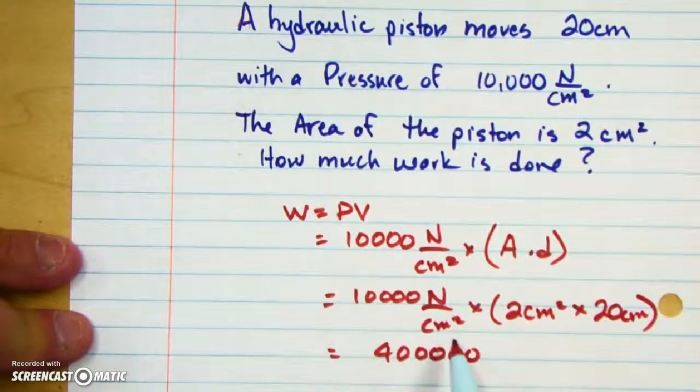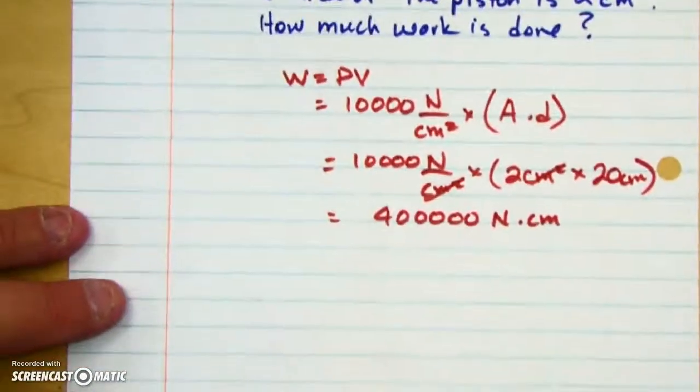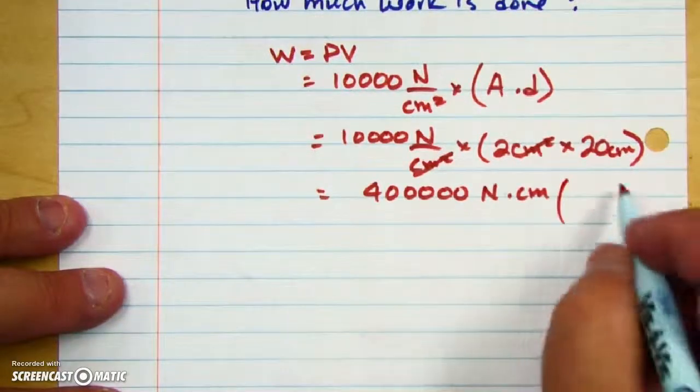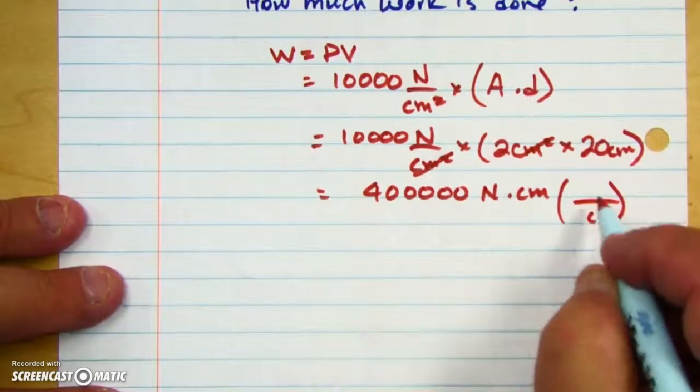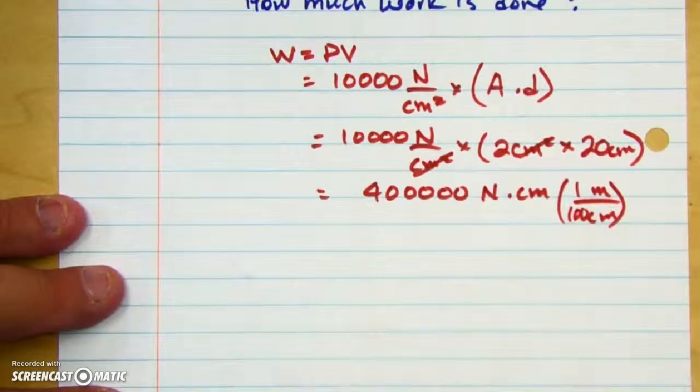Now take a look at the units. I have centimeters squared on the bottom, so that cancels with that. So I have newtons times centimeters. Now if I wanted to convert that to newton meters, just as a nice review, centimeters on the bottom, I want meters on the top. 1 meter is 100 centimeters.